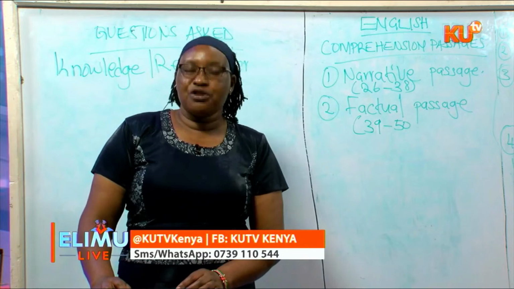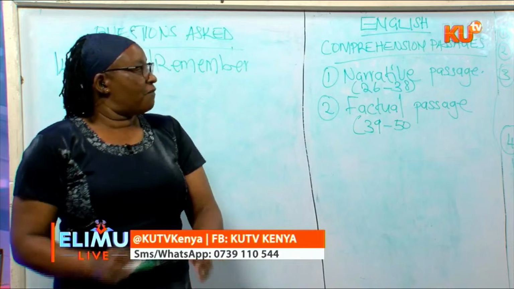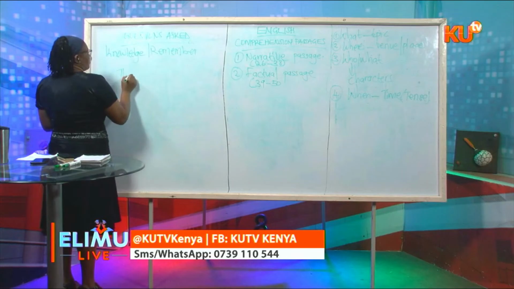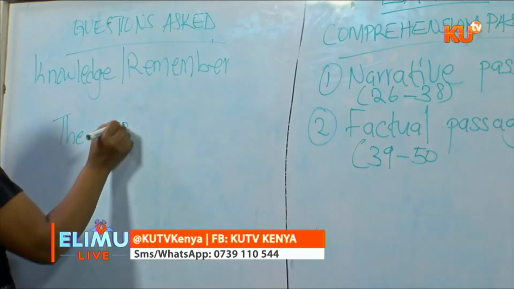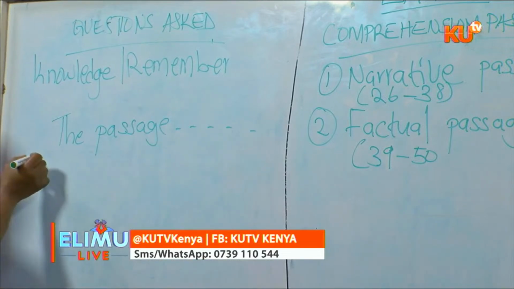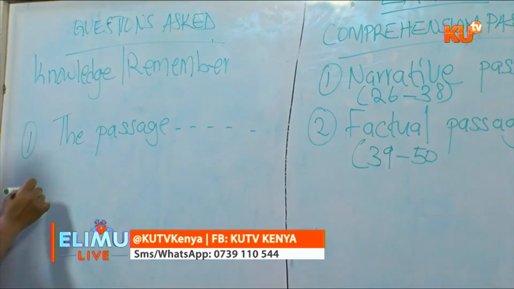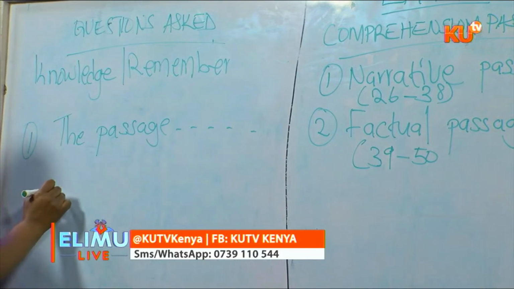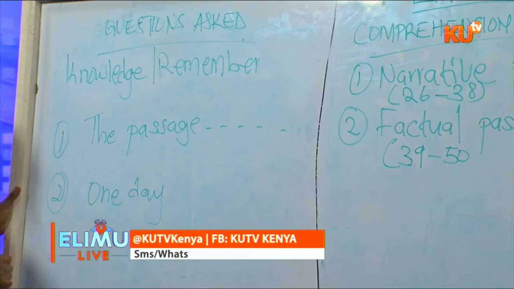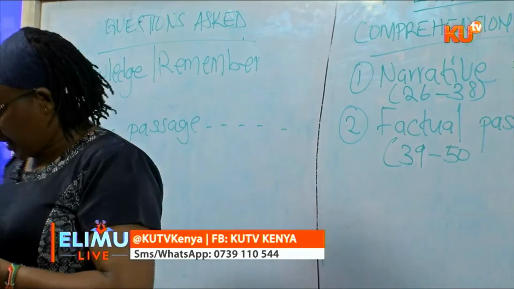When you complete reading one paragraph, you write the number at the end of it. This will help you to answer questions based on certain paragraphs.